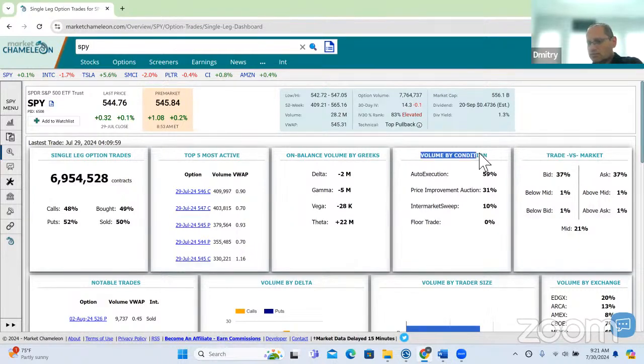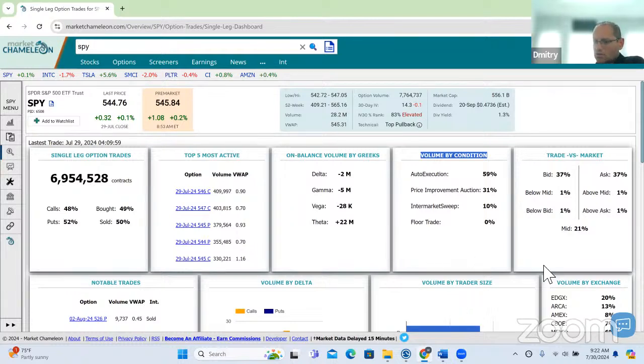Then coming over here, this is a volume breakdown by trade conditions. And it gives us a sense of how people have been executing trades, what type of conditions were attached to the trade.